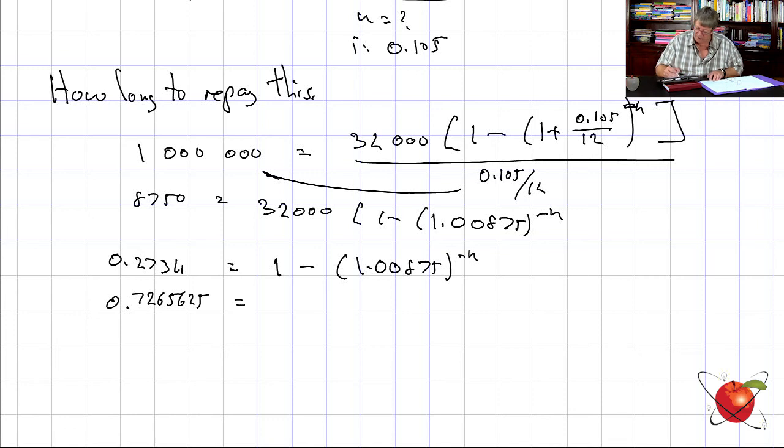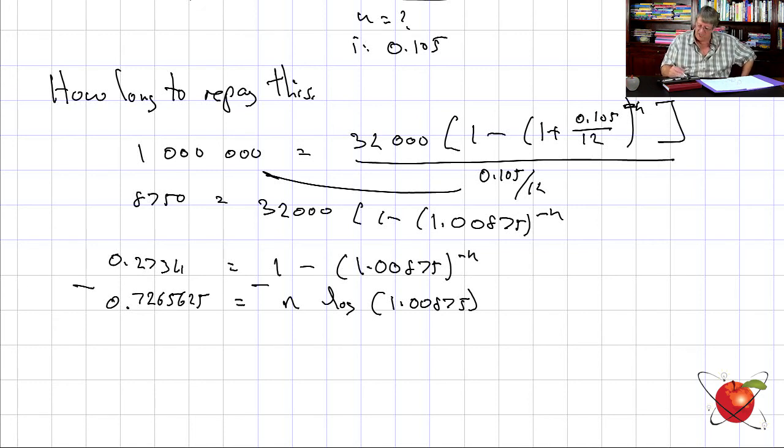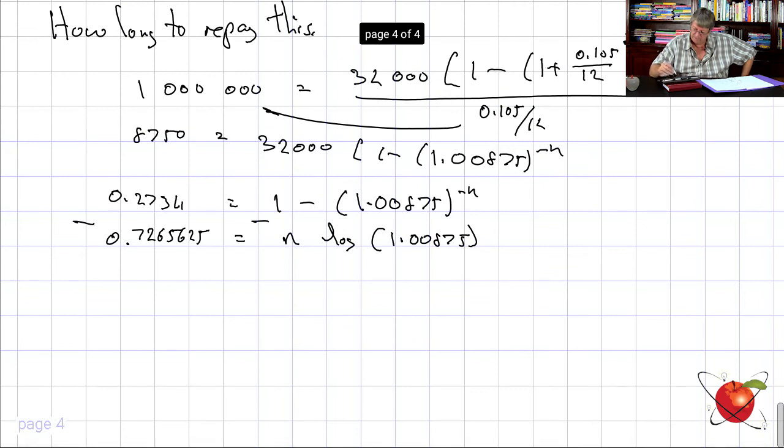is equal to, then it becomes n log of 1.00875. I've changed the sign. Yes, it comes down as minus n, but I've changed the sign already. It was minus this. Sorry, let me just get this. This was minus, that was minus, and I changed the sign both sides again. Do this calculation. Go through it, then set it up and do it and follow the way we've done it.